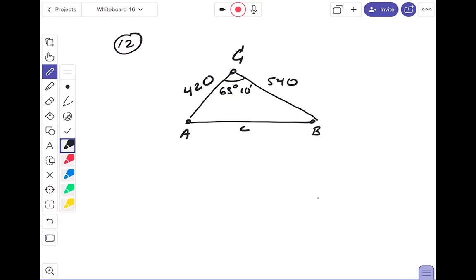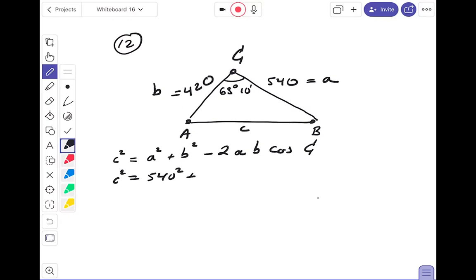And I'm going to use the law of cosines, right? So what do I get? I get C squared equals A squared plus B squared minus 2AB cosine of the angle C. So C squared, this is A, this is B, is going to be equal to A squared, which is 540 squared, plus B squared.